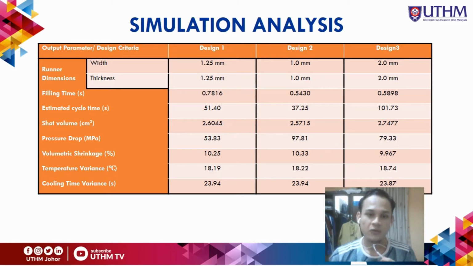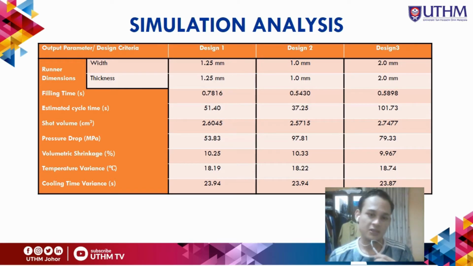Based on table 4.1, the highest volumetric shrinkage is from design 2 with 10.33%, while design 1 and design 3 have 10.25%, and the optimum volumetric shrinkage is design 3 with 9.967%. In the cooling analysis result, temperature variance and cooling time variance have been measured.